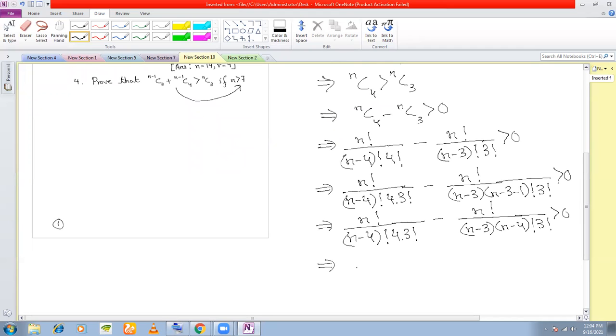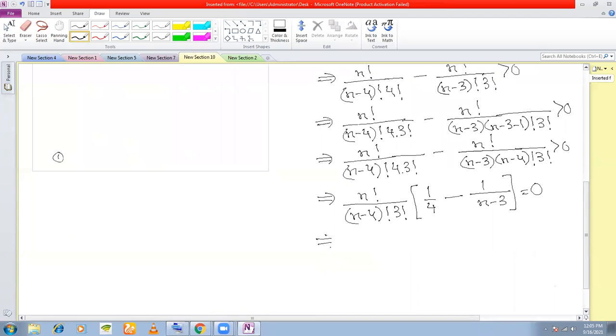That means now if you take common here first, n factorial by (n minus 4) factorial you can take out, and you can also take out 3 factorial. So what are you left with? You're only left with 1 by 4, right? And here you are left with 1 by (n minus 3), right?